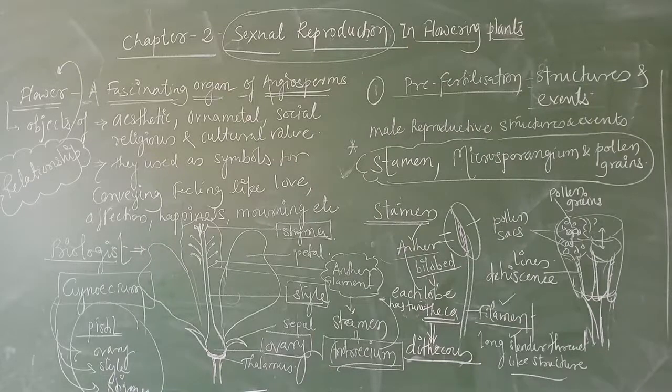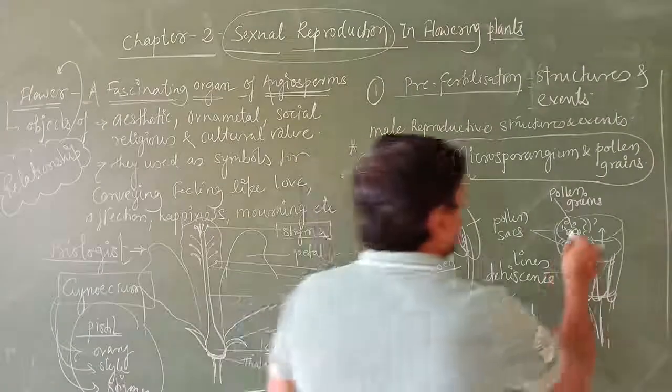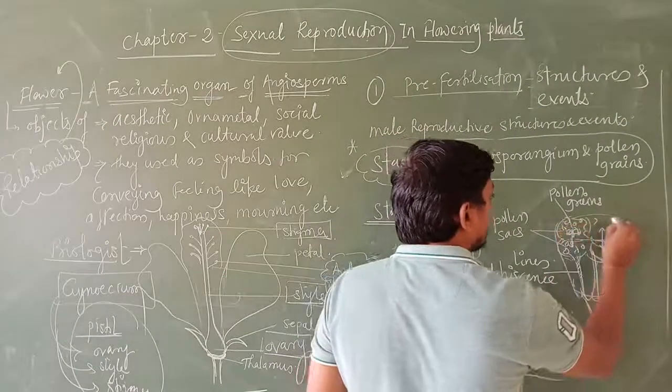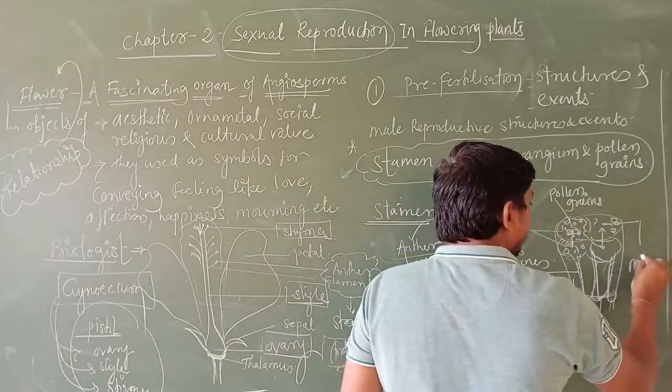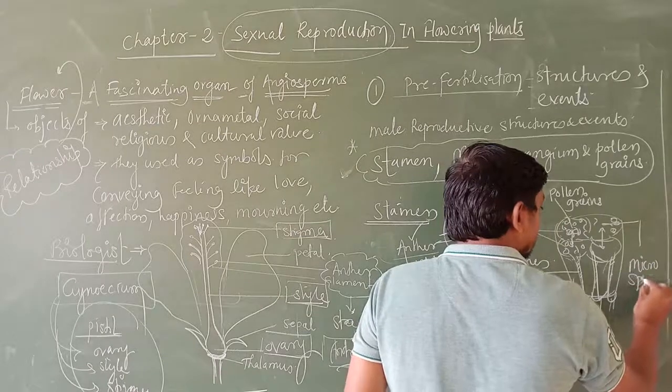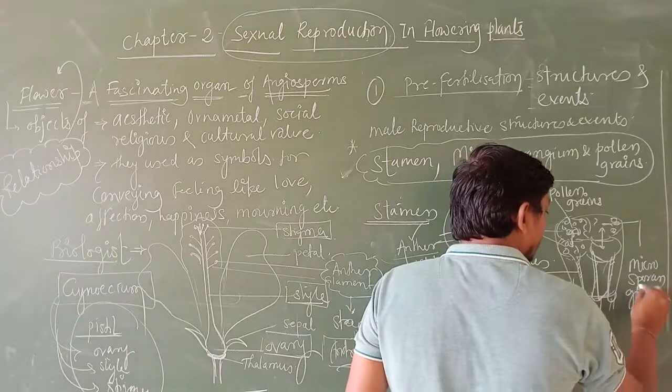Then the structure consists of 4 microsporangia located in each corner. Here in each corner we are going to get microsporangia.